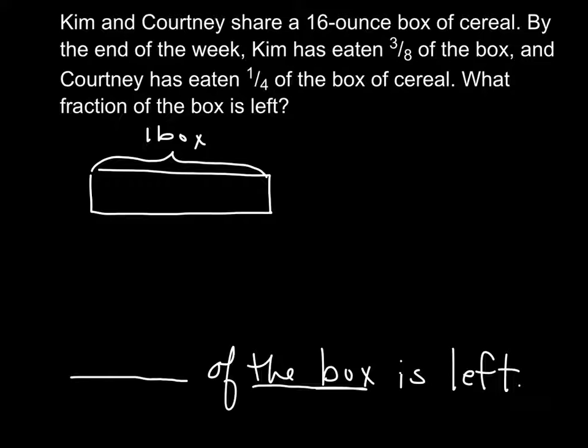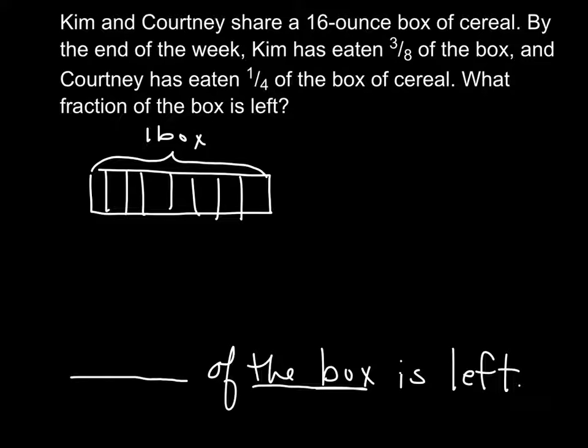And we want to find Courtney is eating 1/4 and Kim is eating 3/8. And I am going to divide my whole into 8 parts because I know that 4 will also go into 8.